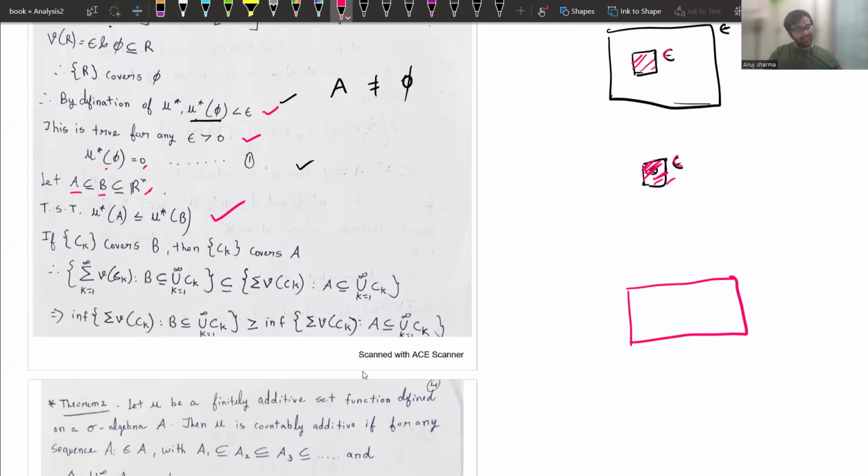So let's take a rectangle B, and let's take a rectangle A. And we have to show that the measure of A is less than or equal to the measure of B. You can see it, right? Of course, you can see it in the diagram.